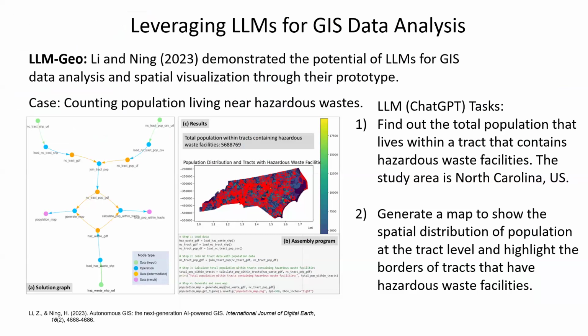For example, it could determine the population living near hazardous waste sites and display this information on a map. Their prototype integrates an LLM with a GIS platform, enabling users to interact with this data and perform spatial analysis tasks, again using natural language instructions, which is very, very interesting.